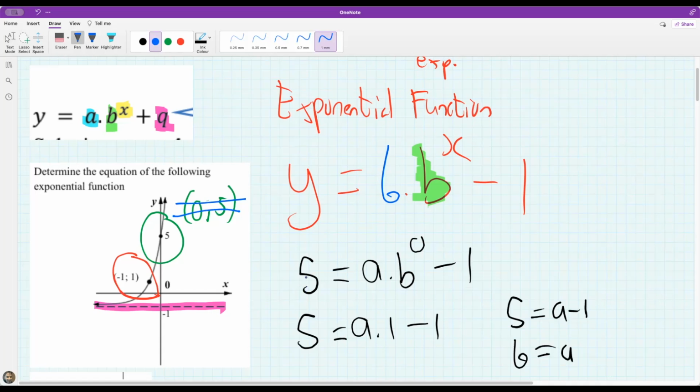What are you guys getting for b? Let me use a different color. So 1 equals 6 times b to the minus 1, minus 1. We need to get that b by itself. Who has some ideas? Where could I go next?